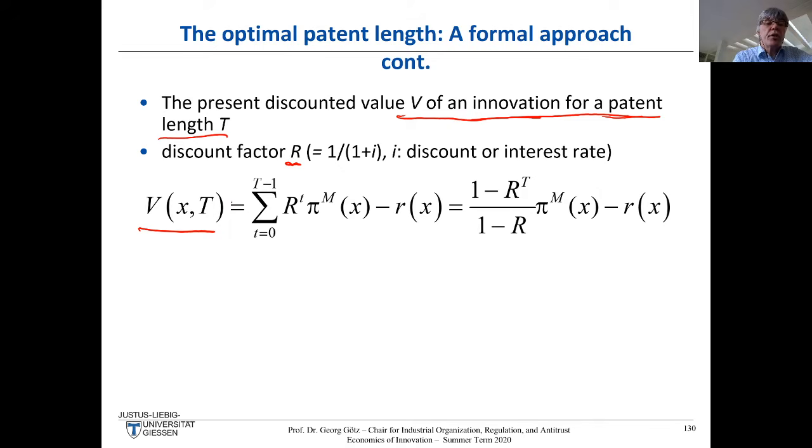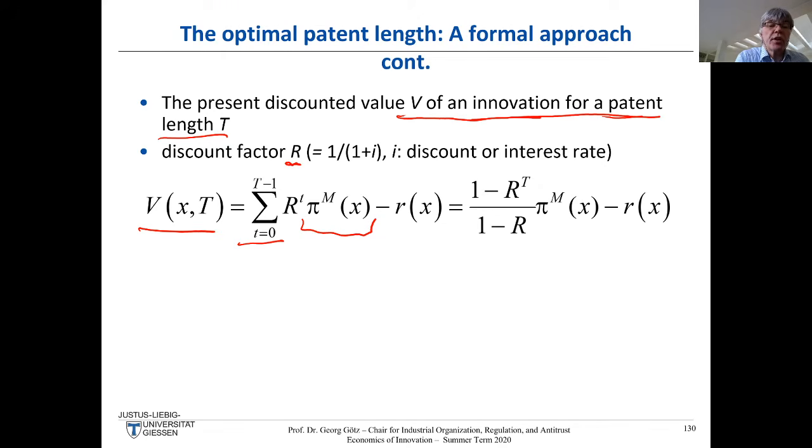Here you have the per period gain. This is actually just our green rectangle, your profit gain per period, and you get that from today, from period 0 to just the end of the 19th year, because from year 20 on your patent is no longer valid, and of course you're discounting all that.